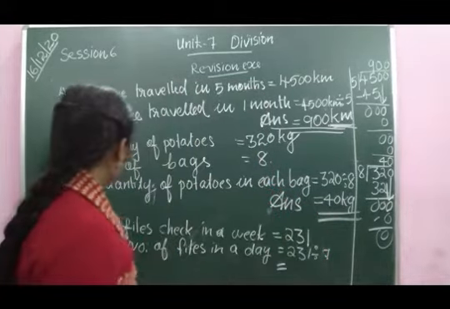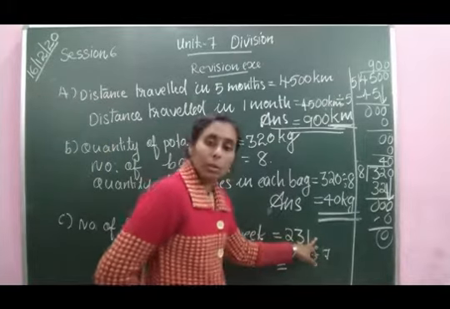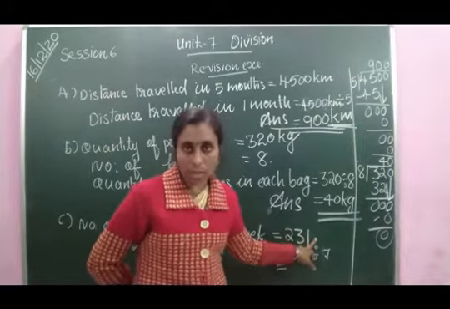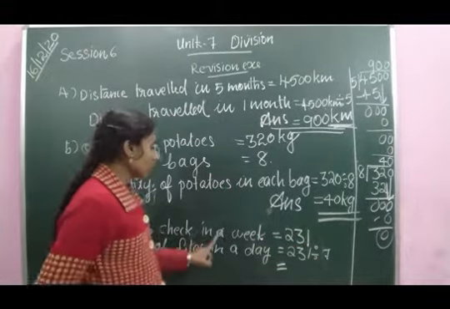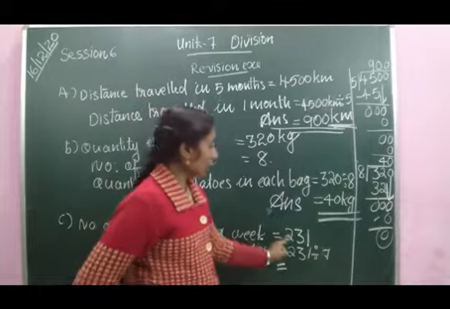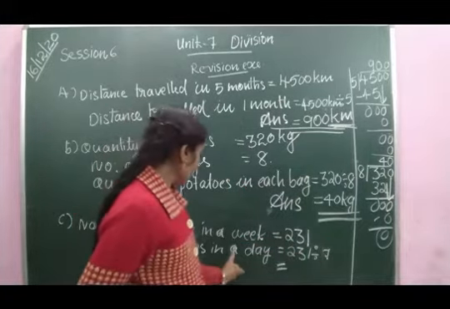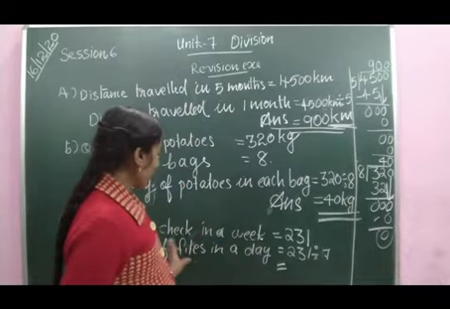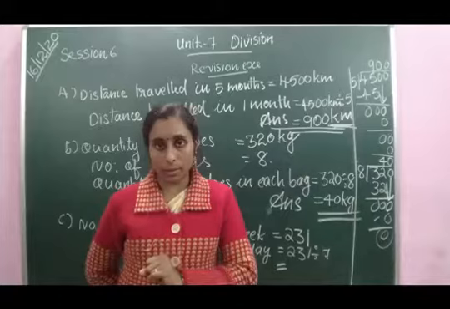Here we can write the number of files. Since here it is a number, I have not written any unit along with this number. Number of files checked in a week, 231. And then number of files checked in a day. In one day, how many files checked?